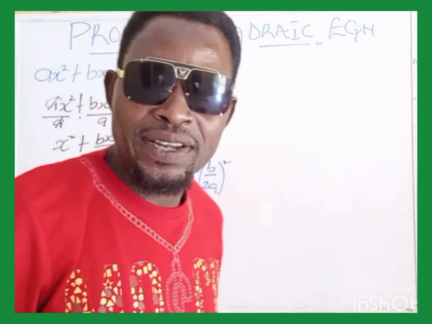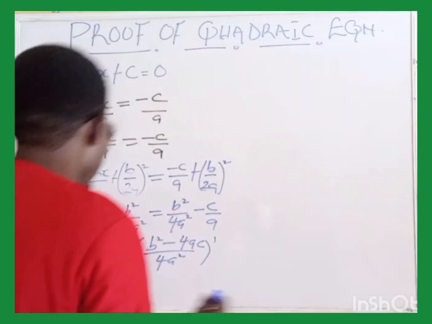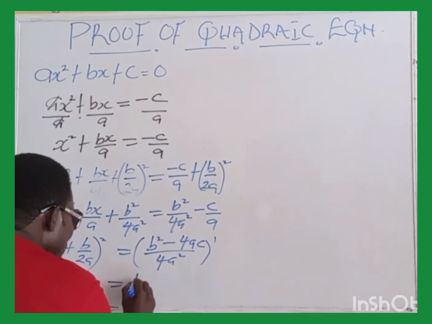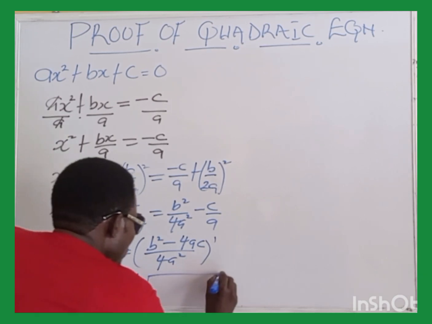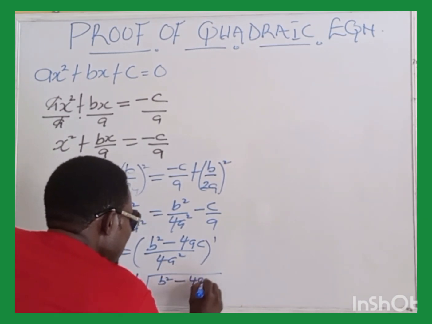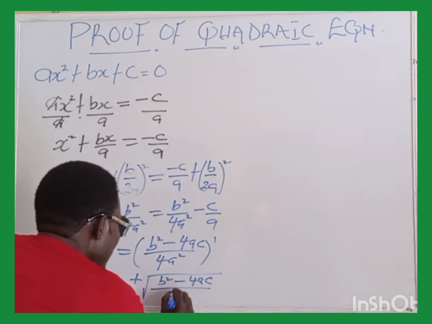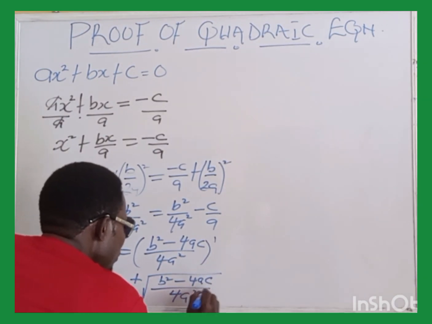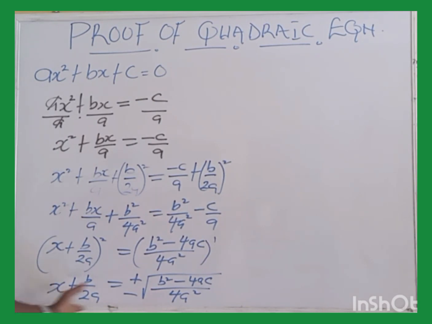So when you change from fractional index to root symbol, you're going to have this. But this time around, it's going to be plus or minus the square root of b squared minus 4ac all over 4a squared. That is it.